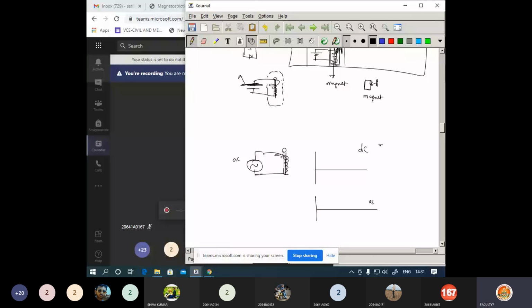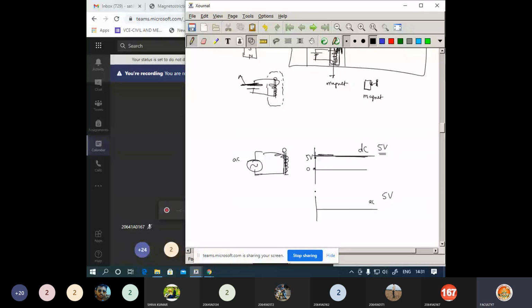If you take some 5 volt DC and 5 volt AC, now 5 volts DC means if this is 0, this is 5 volts here. For DC, this will remain as 5 volts throughout the experimental process. It will remain with the same value. There is no change in the value.